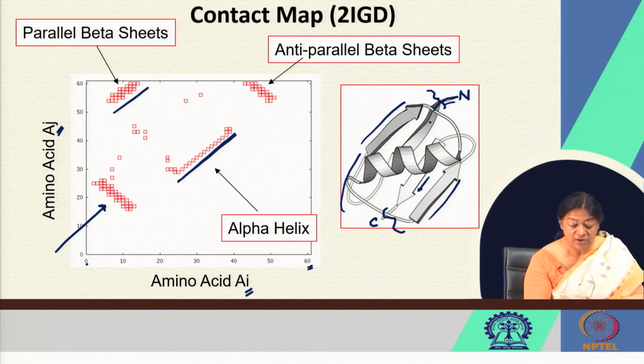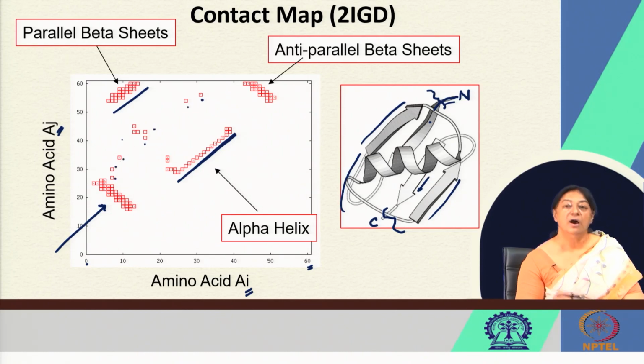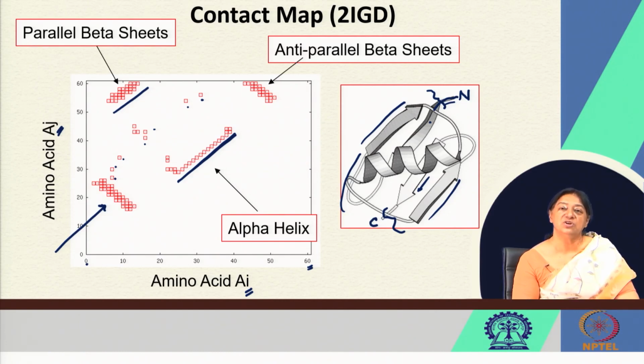In addition to that, we have additional information about which parts of the protein are close to each other in three-dimensional space. So, the information that we can get from the contact map is interesting, giving us an idea about how we can plot the information, given that we know the structure.